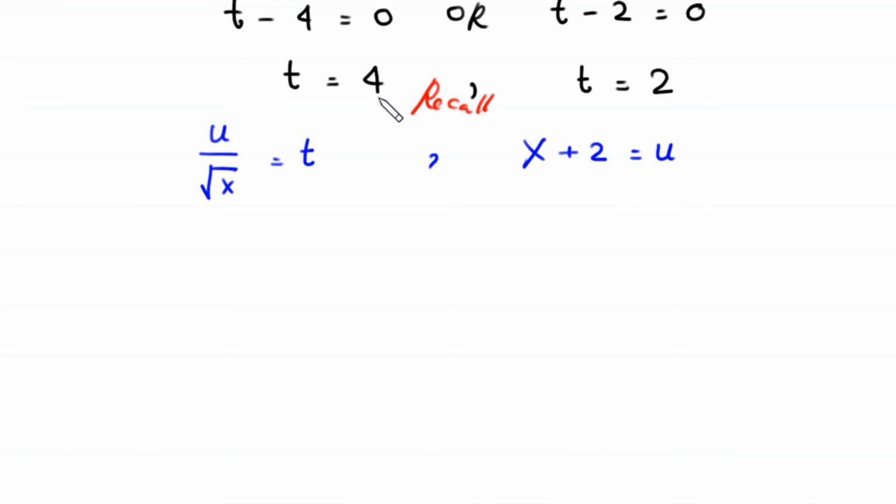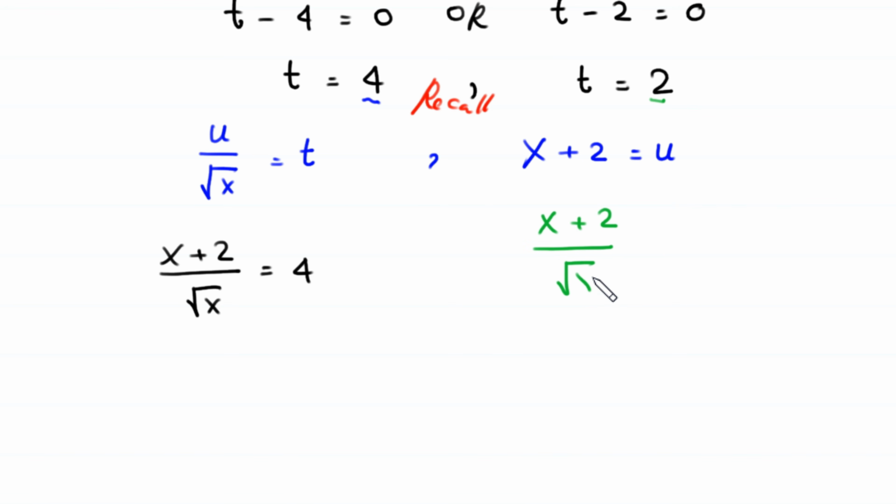So when t is equal to 4, then this equation will become x plus 2 over root x equal to 4. And for the second case, when t is equal to 2, then this will become x plus 2 divided by root x equal to 2. So we have two cases. First we solve the first one.